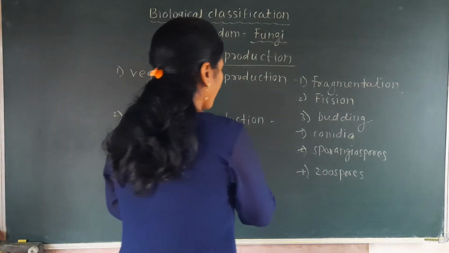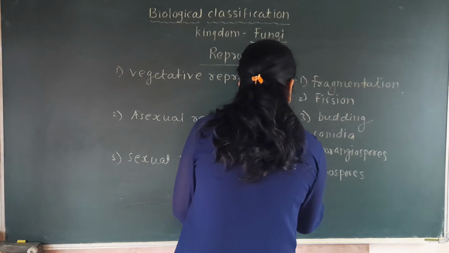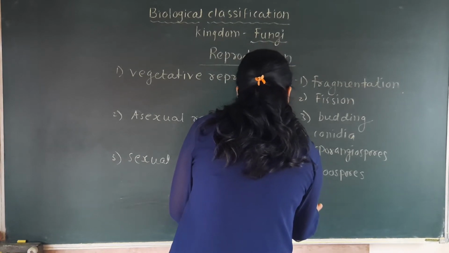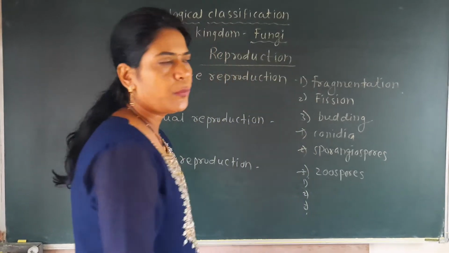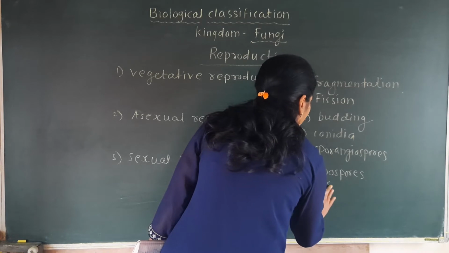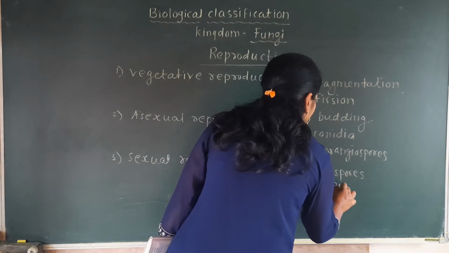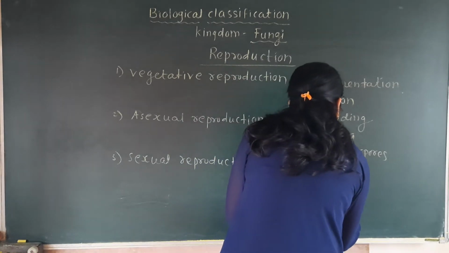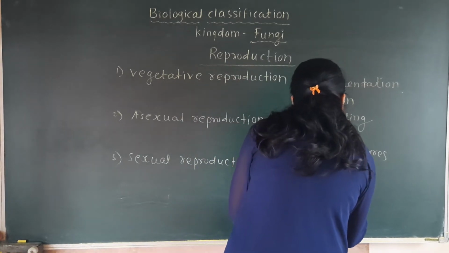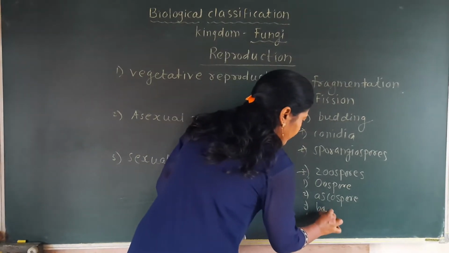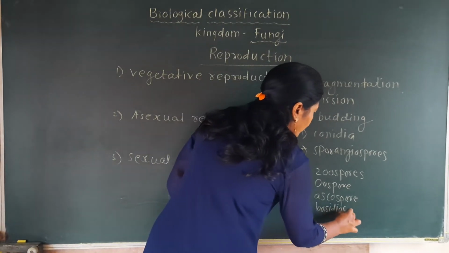The names of the spores of sexual reproduction are of three types: the first one is oospore, the second one is ascospore, and the third one is basidiospore.